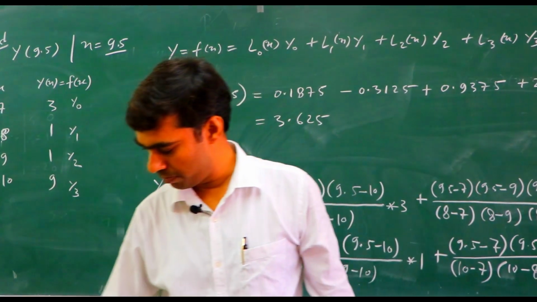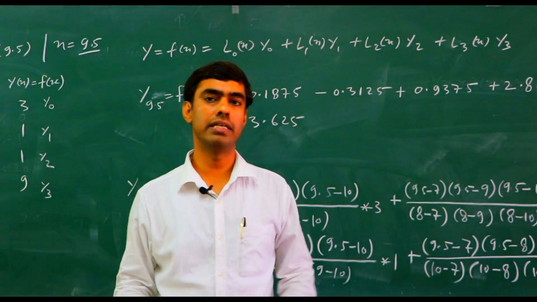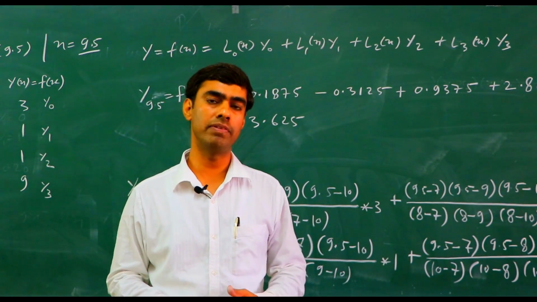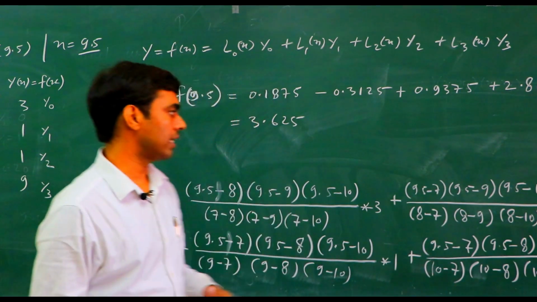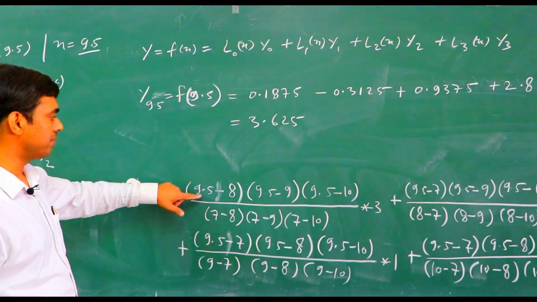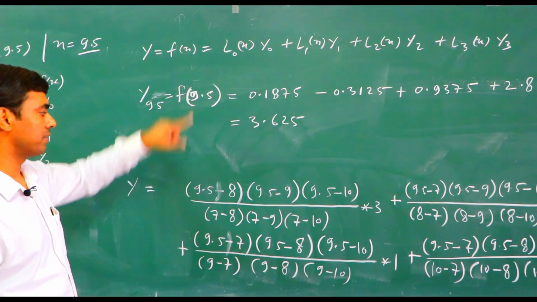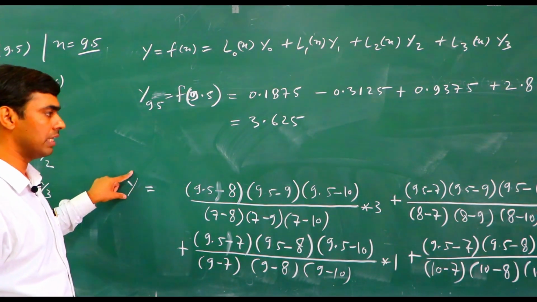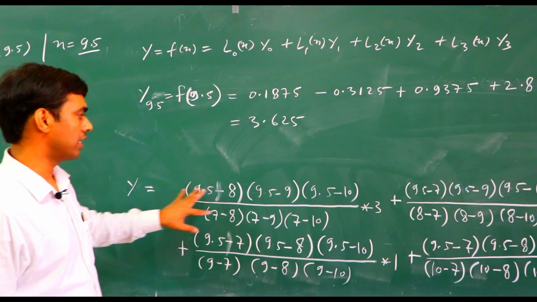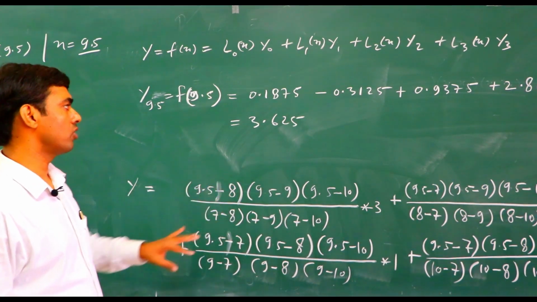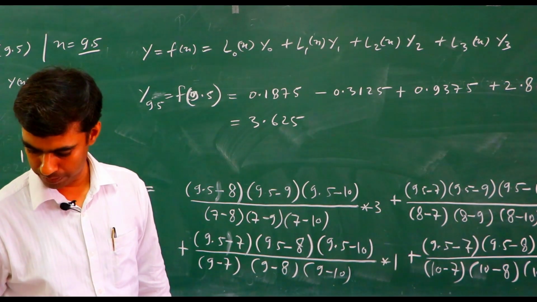Now next we solve another example in which first we find a polynomial, then in the polynomial we put the value of x to find the value of y. Rather than directly putting the value of x, first we find y in terms of x using the Lagrange multipliers. Once we find the polynomial, then we put the value of x to find the solution.